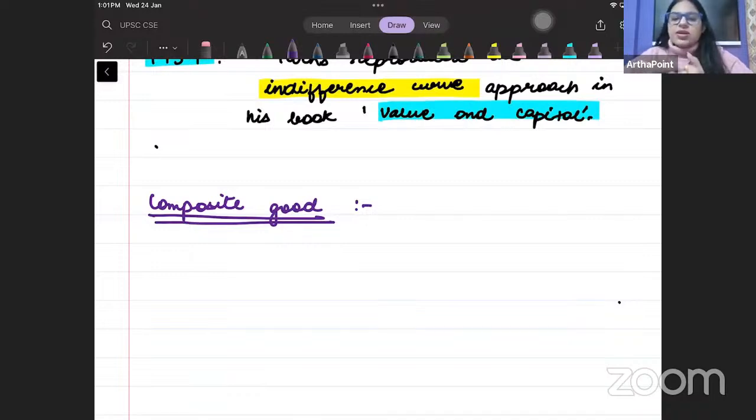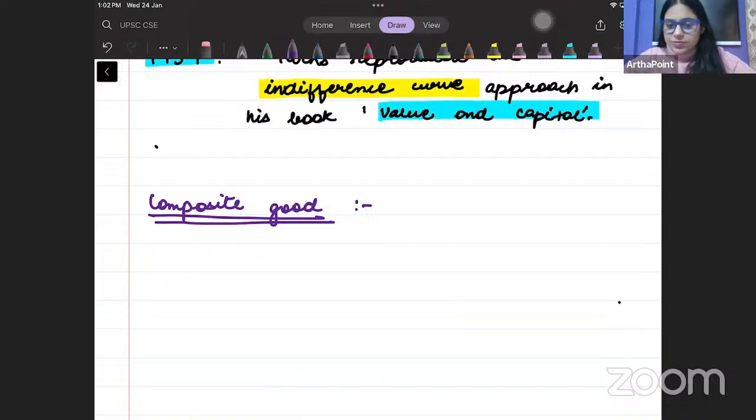Whenever economists talk about any approach, whether we make a budget line, which means the consumer spending his income on 2 goods, or the indifference curve approach, we only talk about two goods, two dimensions. We will take good X and good Y, and the entire analysis will be on good X and good Y.